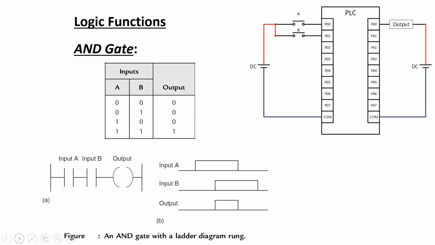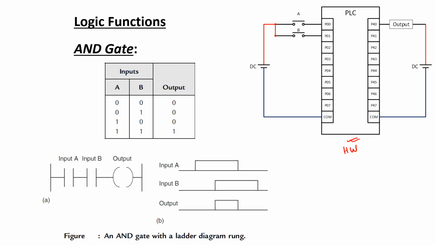Now, to discuss a little bit more about the ladder diagrams, we can talk about the different logic functions, whether AND, NOT, NAND, or NOR, and how they can be implemented. Here on the right hand side, the hardware connection is shown, which you have obviously seen in the previous class as well.